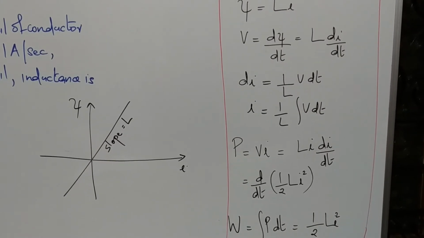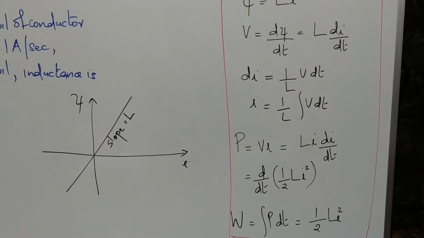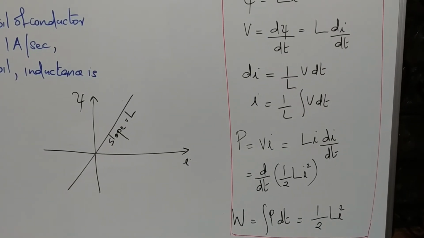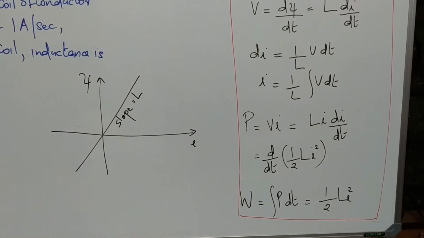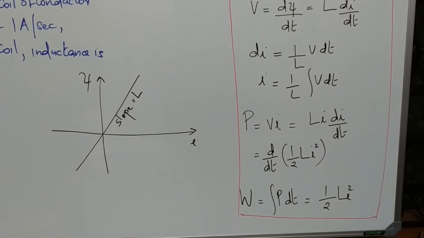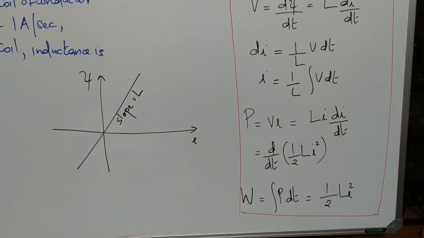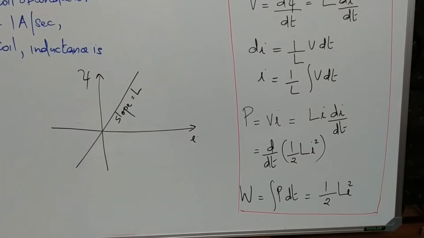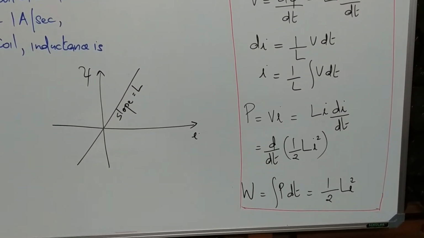From there, we can write down the equation for current flowing through the coil, I equal to 1 by L integral V dt, or power equal to V into I. Substitute for voltage developed across the inductor, which is L into di by dt. So, we will get power equal to Li into di by dt.